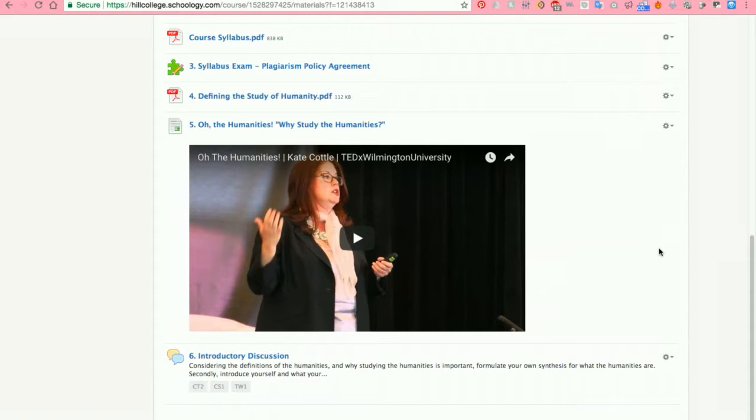We have to document that for legal reasons, according to the state of Texas, especially when there's financial aid involved. We have to figure out a way to know who's in the class and who isn't. And that is one of the ways we will tell, is by completing that syllabus exam, policy agreement.